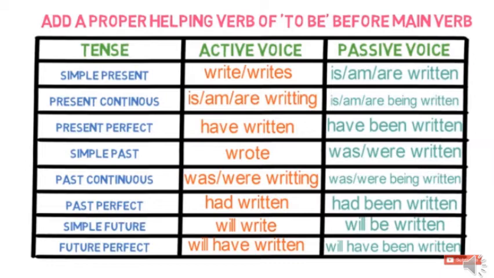Eighth, for future perfect tense, in active voice we use will or shall have written, while in passive voice we use helping verb been after will have and written, which is verb third form. So this is the 8 tenses chart for understanding which helping verb to use. Let's have a look at each of them one by one.